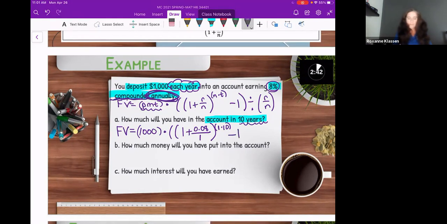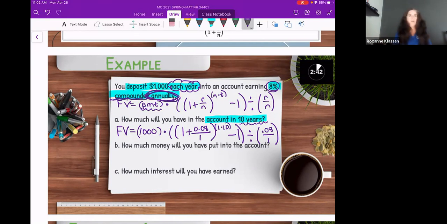Then I'm going to go minus 1, end my parentheses, divide it by 0.08 divided by 1, okay? All right, so now I'm going to put it into my Desmos calculator.